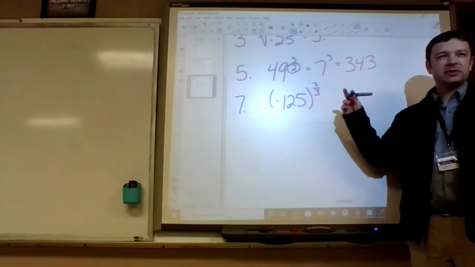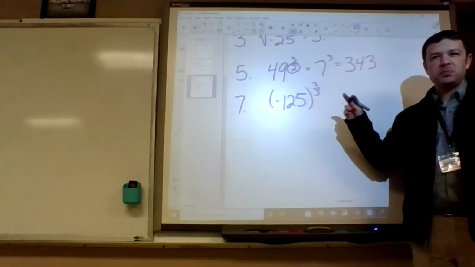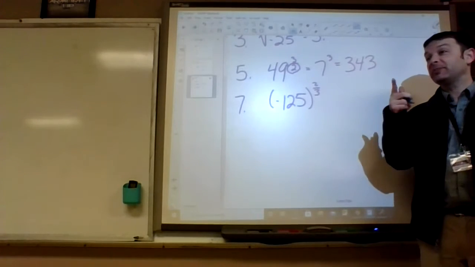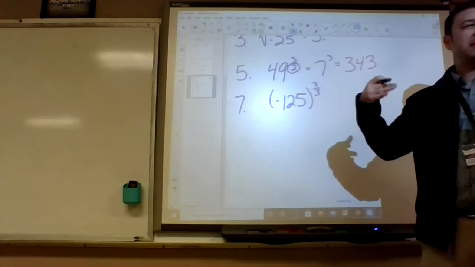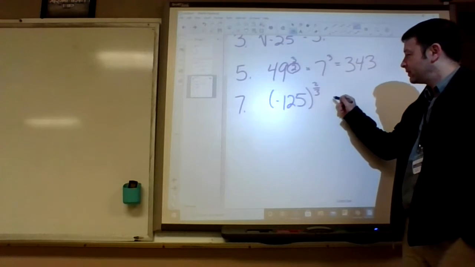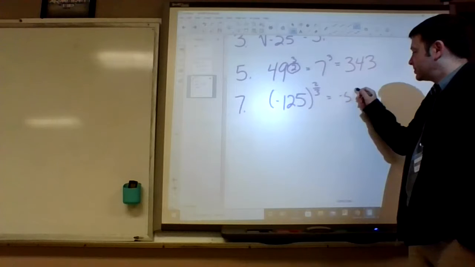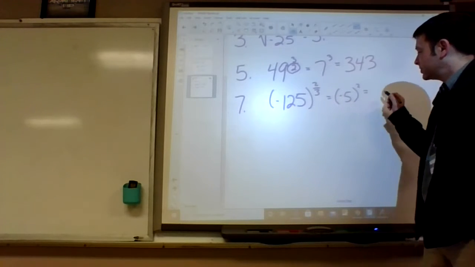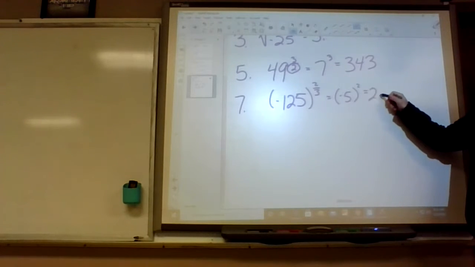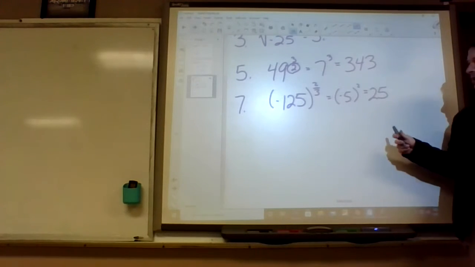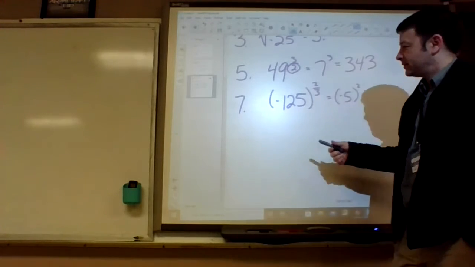We did it yesterday, I thought you guys might remember. Negative 5, right? Because negative 5 times negative 5 times negative 5 would be negative 125. So this is negative 5 squared, which is 25. Negative 5 times negative 5 is 25.